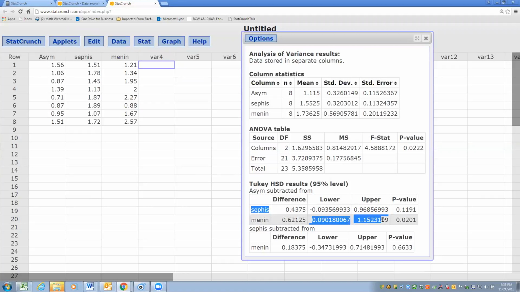If the confidence interval does not contain 0, we can conclude that there is a difference between those two items. And notice that each one of those has a p-value as the likelihood that they are different from each other.